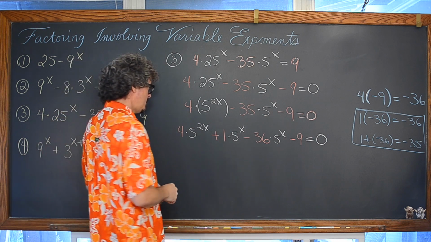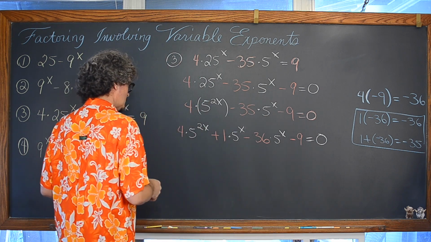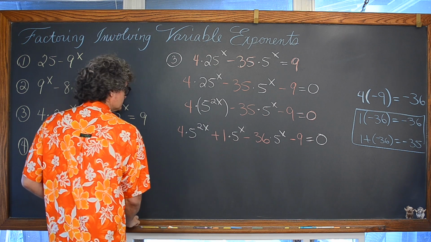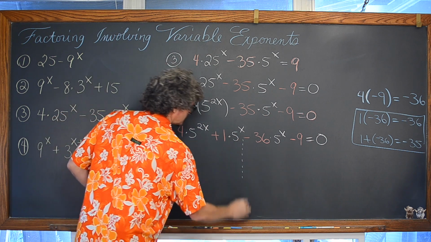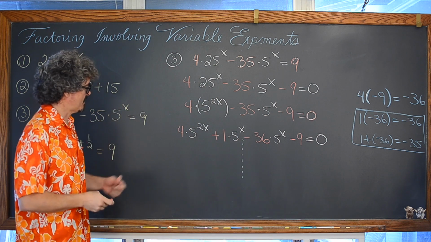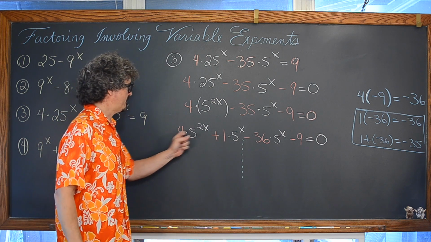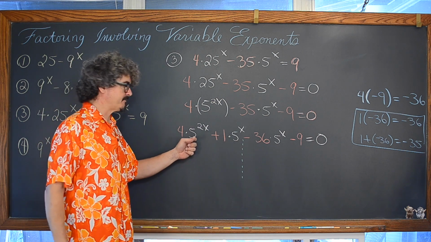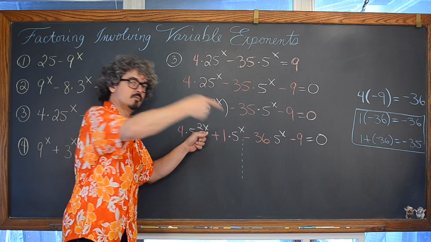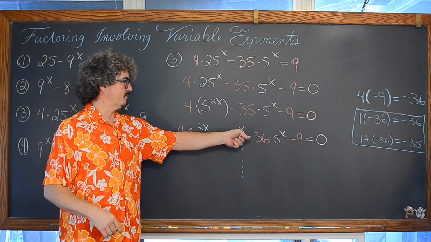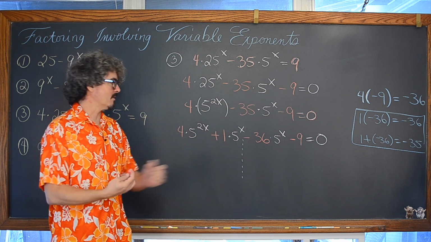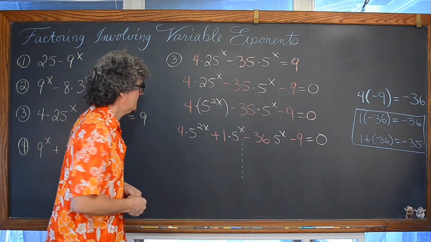Now, within the first 2 terms, what common factor can you take out? Well, there's no common factor between 4 and 1, but we do have a base 5 to a power of 2x, and we have a base 5 to a power of x. So we're going to factor out that lowest power. We're going to factor out that 5 to the x.